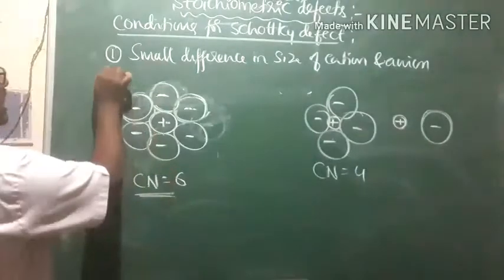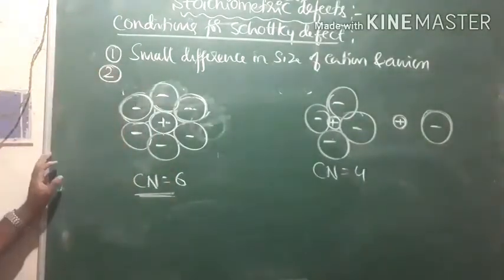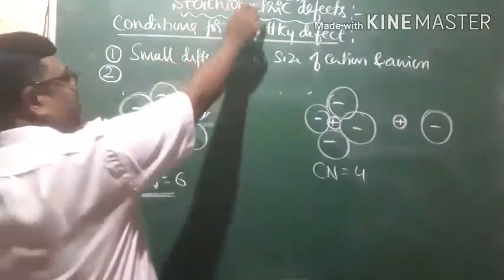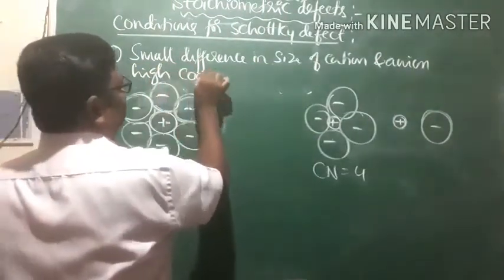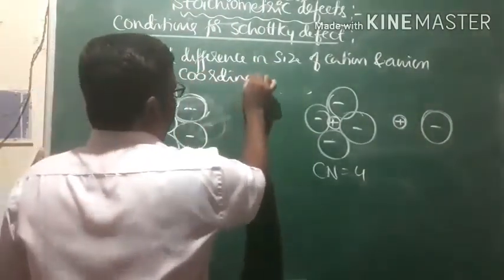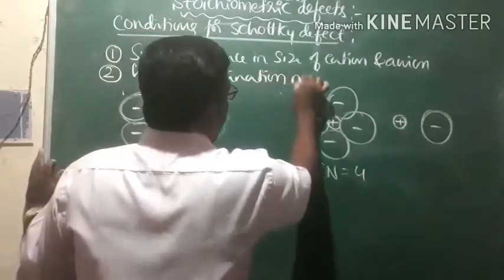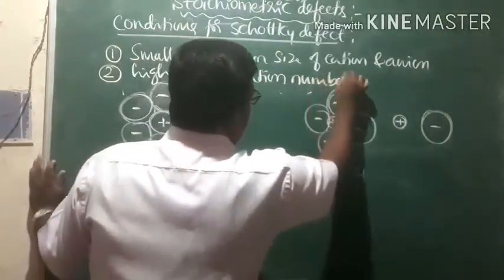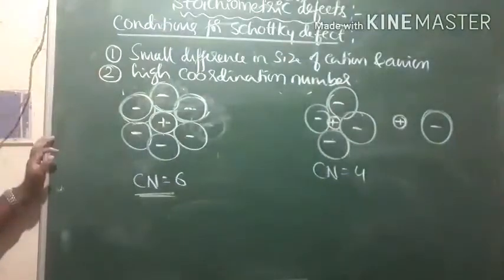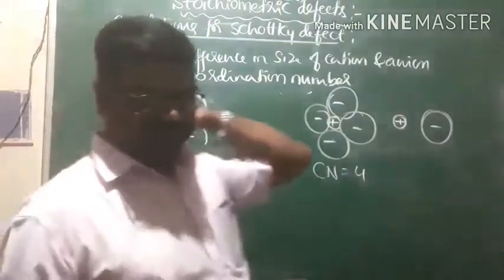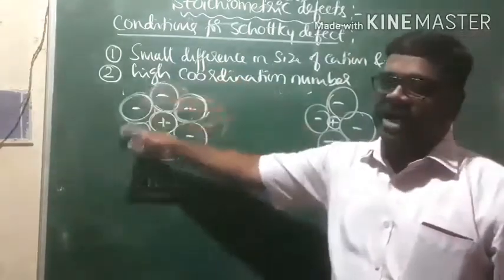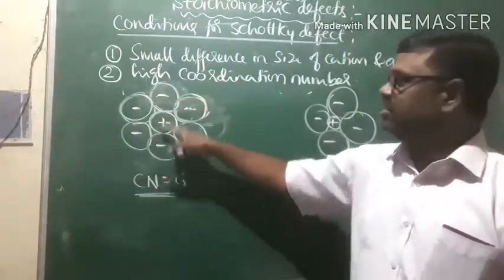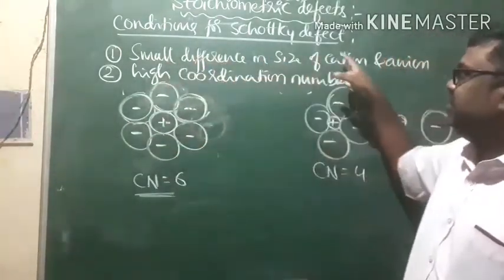Therefore, the second condition for the Schottky effect is ionic solids with a high coordination number. Ionic solids with high coordination number will exhibit the Schottky effect. That is, there is a high coordination number because there is a small difference in the size of the cation and anion.